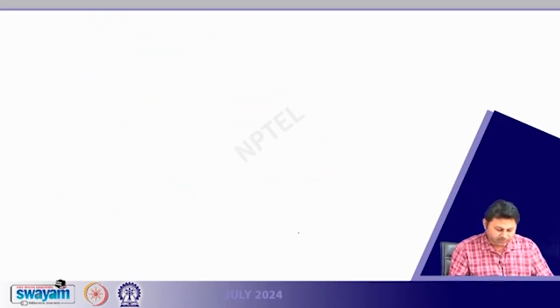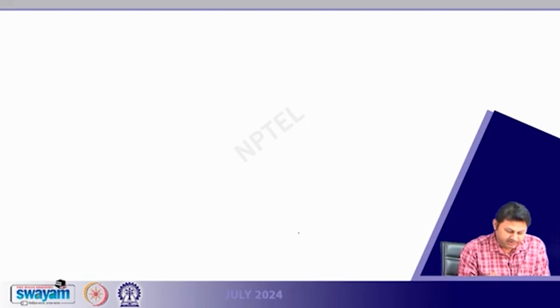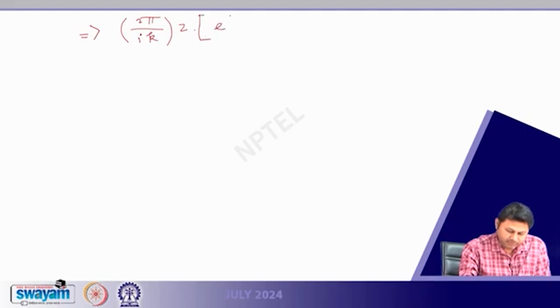Under this new variable, this expression, that is the integral of this area, simply comes out to be 2 pi divided by i k, then we have z multiplier, then e to the power of i pi p minus 1.